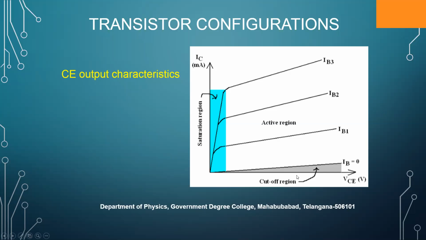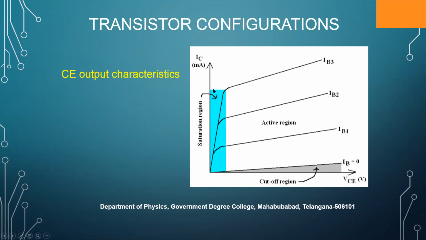As we have discussed, this is cutoff region, this is saturation region, this is active region. For cutoff region, both of the junctions will be reverse biased, and the transistor will be in cutoff region.